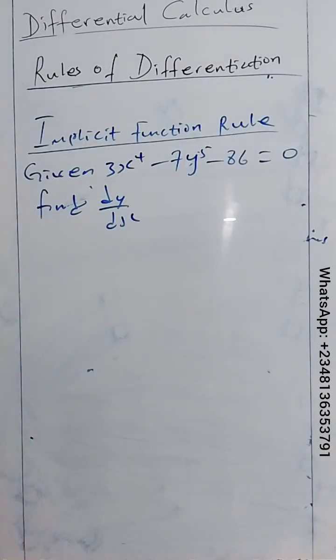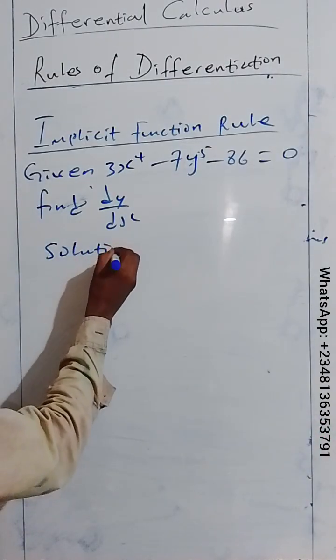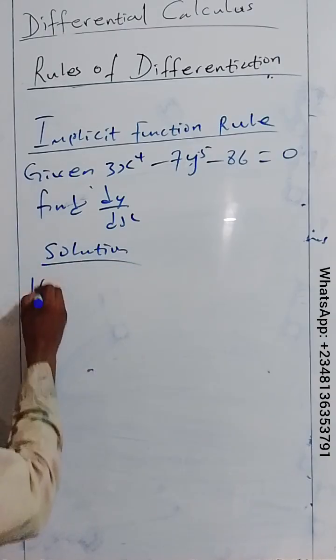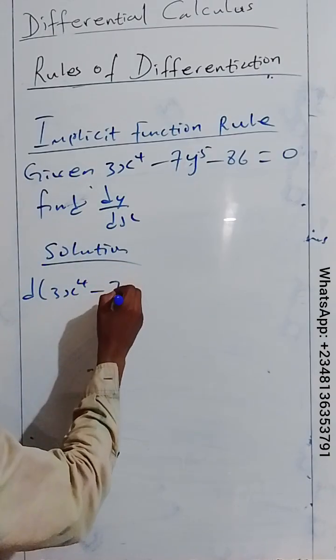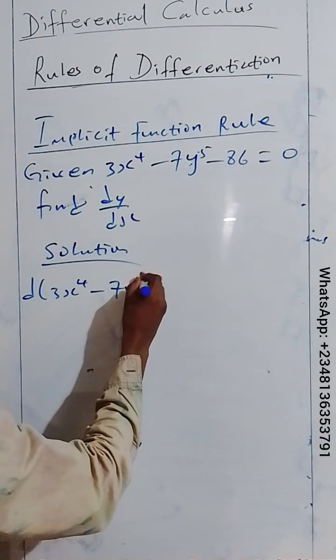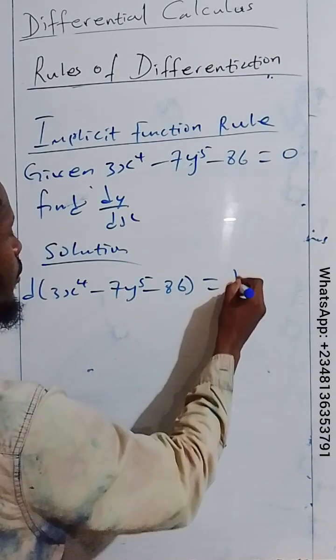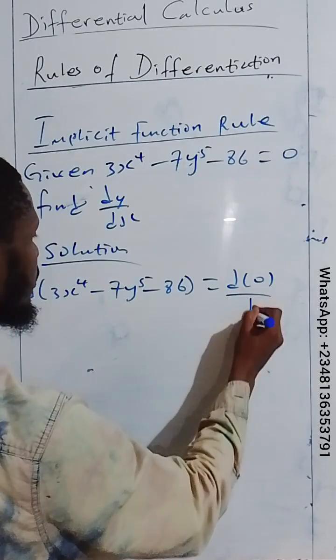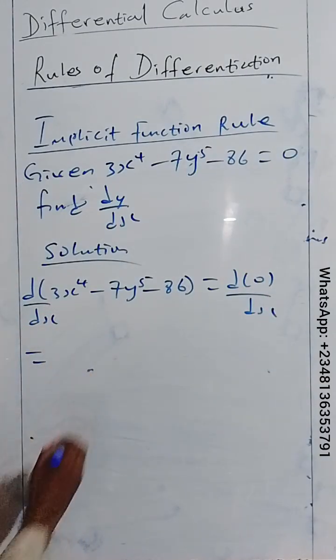So let's do it. The solution: we have d of 3x raised to the power 4 minus 7y raised to the power 5 minus 86, equals d of 0. This is with respect to x, and this also with respect to x, so we distribute it now.